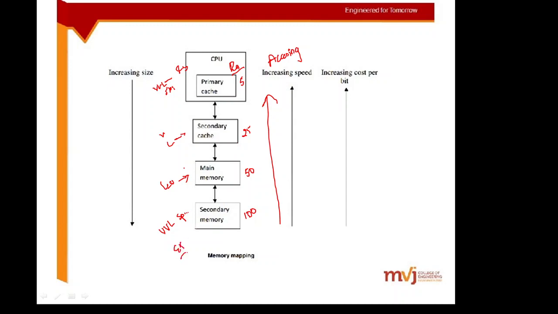So if I want to search for the 98th instruction in 100 instructions, it is going to take a large amount of time. The accessing speed is nothing but the fetching of instruction speed. Why?